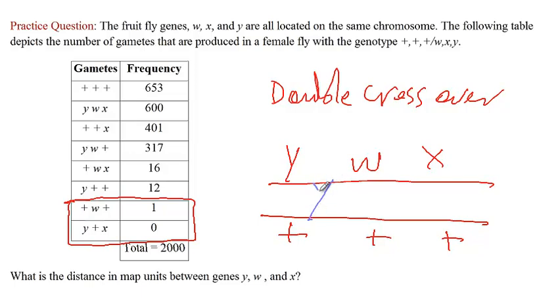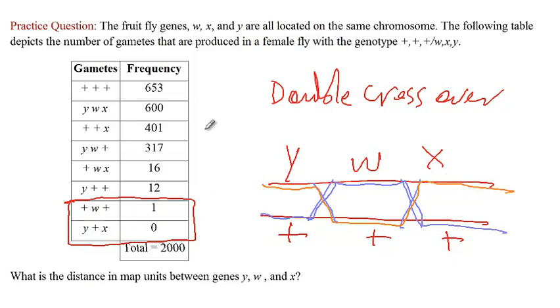So we have one crossover here and another crossover here. Follow the path of crossover to find out what gametes you'll get. So we get plus W plus, which is one gamete that we get from this crossover. And for the other side of this chromosome, we get Y plus X. Y plus X.